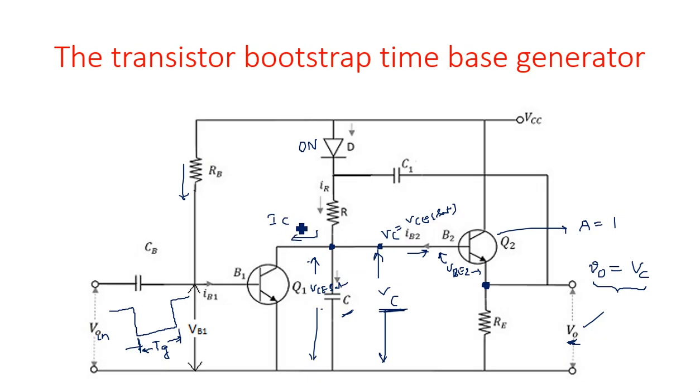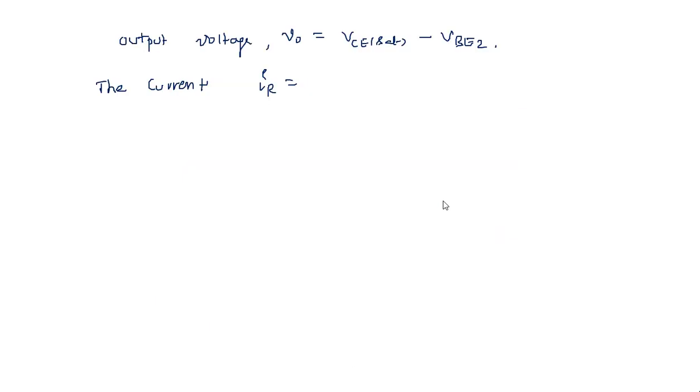When transistor Q1 is in the on state, IC1 flows through Q1, and when transistor Q2 is conducting, some IB2 goes towards the base. So IR is equal to IC1 plus IB2.